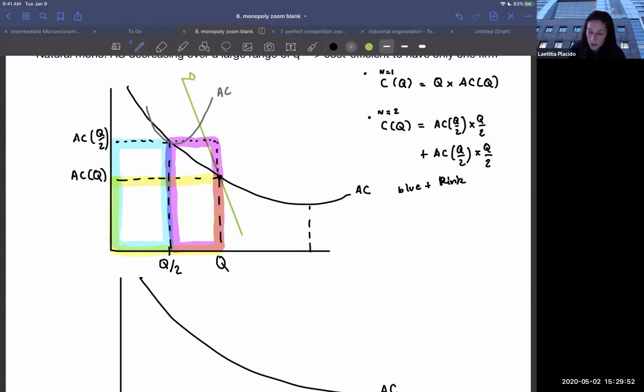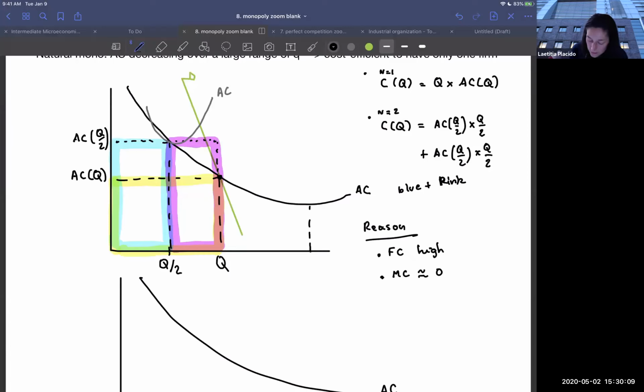It often happens when we have huge fixed costs. So the reason is we have huge fixed cost and close to zero marginal cost.